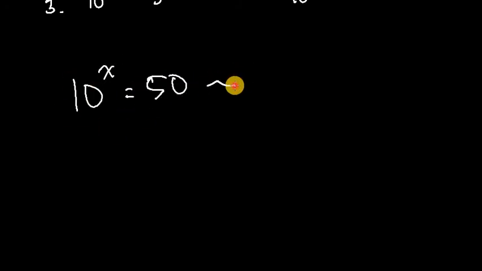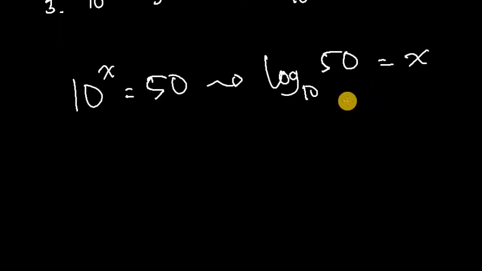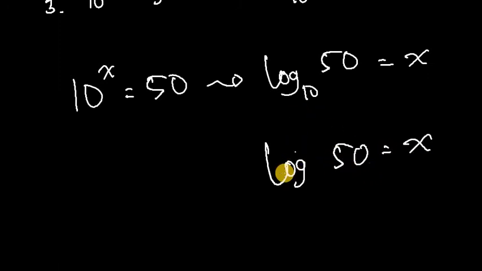The first way is to write as usual log base 10 of 50 equals x, or you can just write log 50 equals x, because all logarithms are base 10 by default. The calculator will treat the empty base as 10.